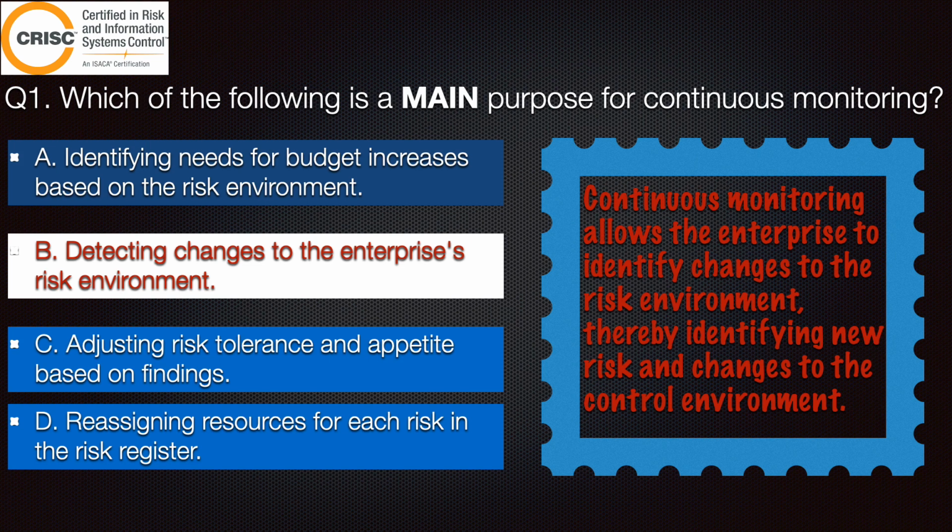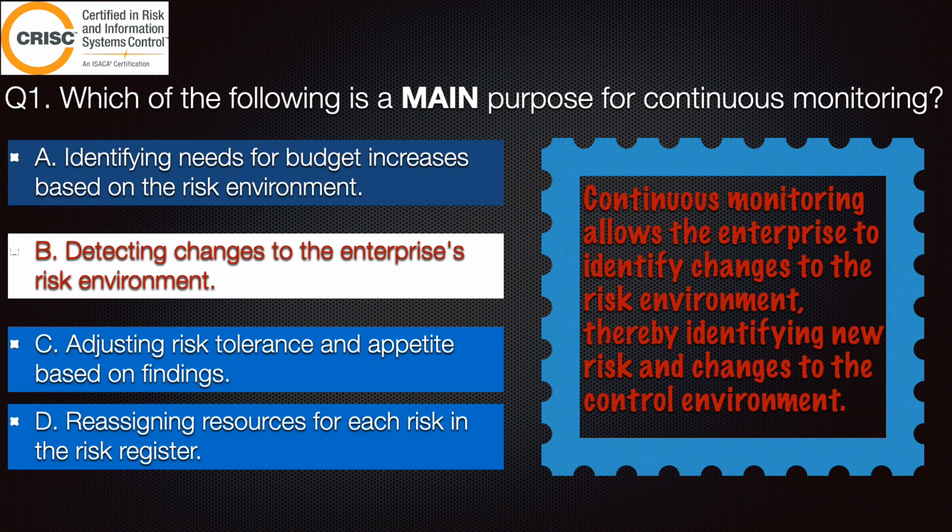Coming to option B, which is correct, let's understand. Continuous monitoring allows the enterprise to identify changes to the risk environment, thereby identifying new risks and changes to the control environment, which can be the main purpose for continuous monitoring. Similarly, adjusting risk tolerance and appetite based on the findings, option C, is incorrect, because appetite and tolerance are typically set and will not need adjusting as a new risk is identified.